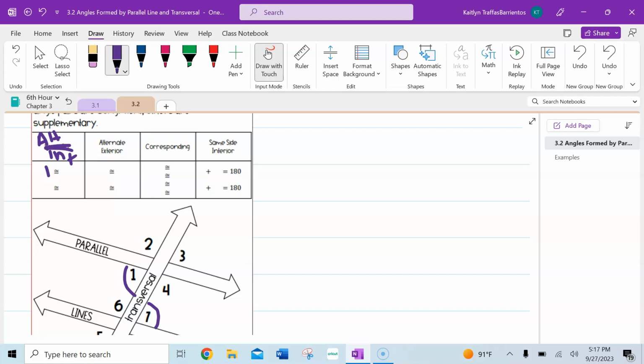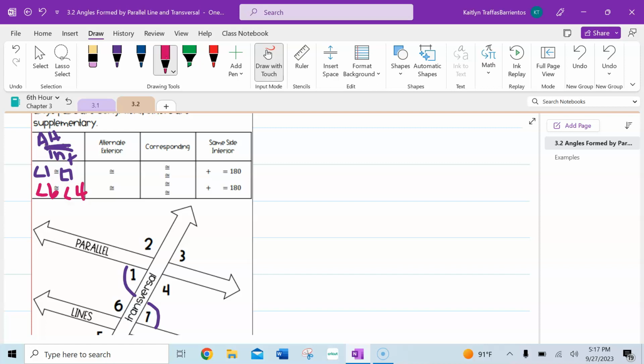So this is angle 1 and angle 7. We have a theorem that says if parallel lines are cut by a transversal, then alternate interior angles are congruent. So angle 1 is congruent to angle 7. There's another set of alternate interior angles, angle 6 and angle 4. Those are also congruent.